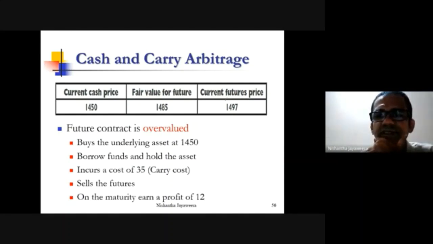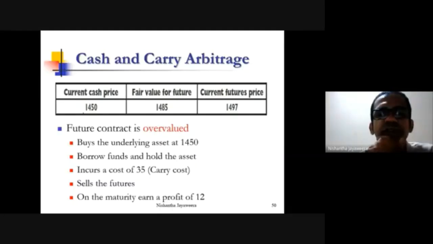Now you can see this is expensive. It is higher than the fair price. So the futures contract is overvalued. What you can do is buy the underlying at 1,450 and hold it until expiry of the futures contract. The cost of carry, the difference, is 35. That's the cost.